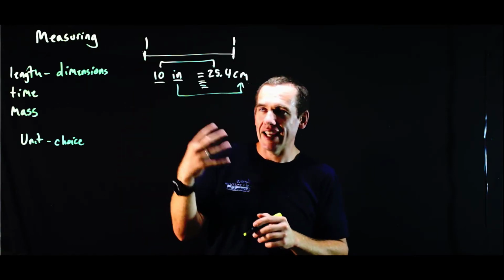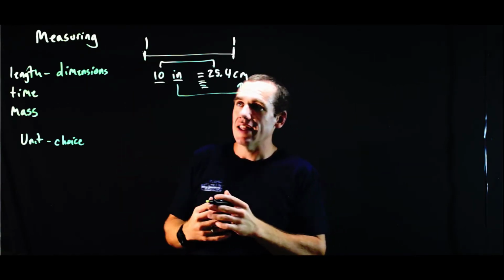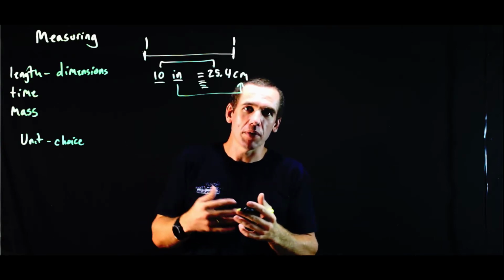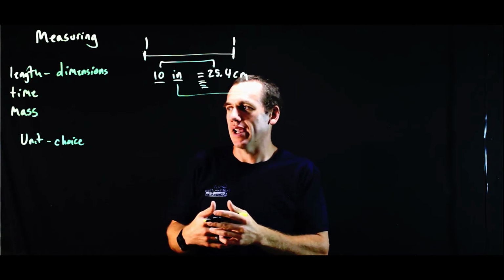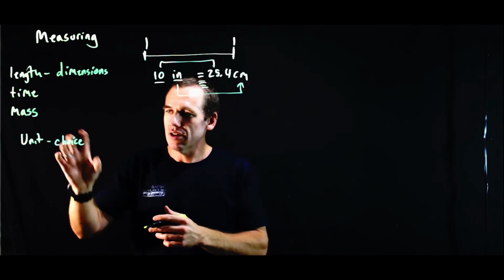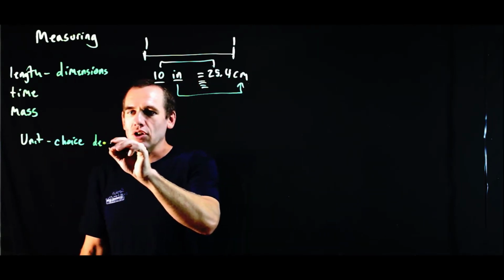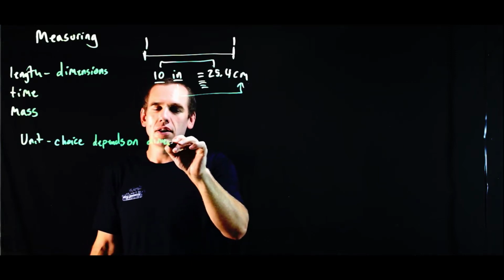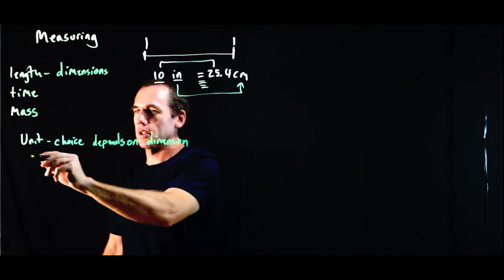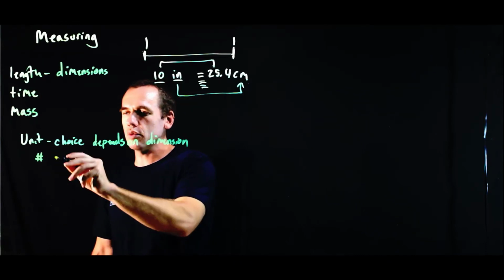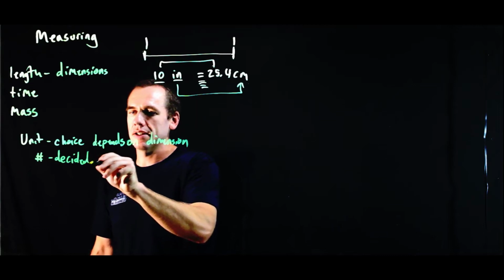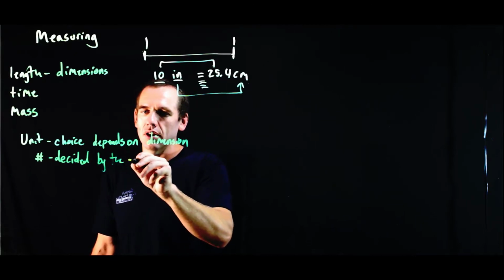And that gives us the idea of unit conversions and the idea that we can, in fact, change one unit into another, but the number that goes with that unit also has to change, right? So the unit is a choice that depends on the dimension. But the number that goes with that measure is decided by the unit.